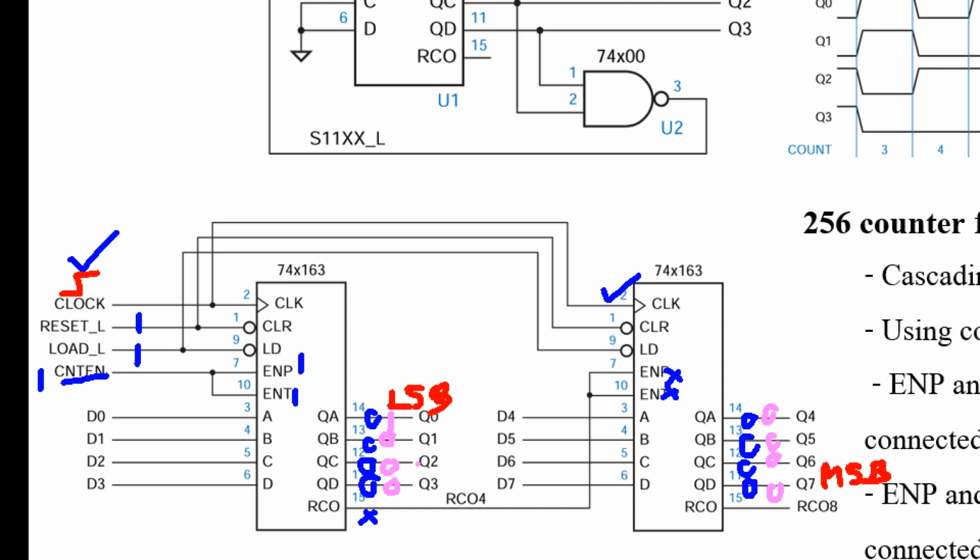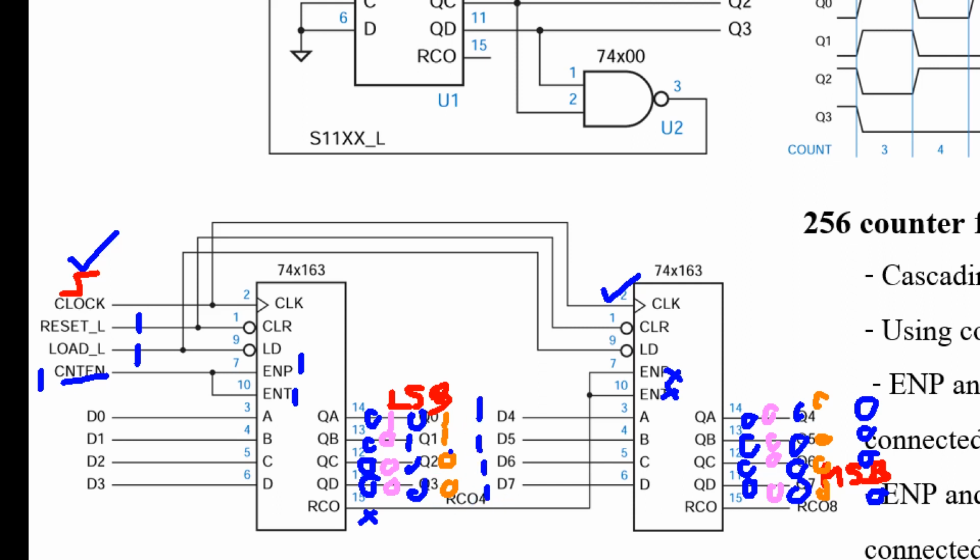So when you consider 8-bit, the result goes from 0, 0, 0, 0, 0, 0, 0, 0 to 0, 0, 0, 0, 0, 0, 0, 1. When the clock ticks again, it becomes 0, 0, 0, 0, 0, 0, 1, 0. On the next clock tick, nothing changes here, 0, 0, 0, 0, and this one counts up to 0, 0, 1, 1. Until it goes to the state of 0, 0, 0, 0 and 1, 1, 1, 1.